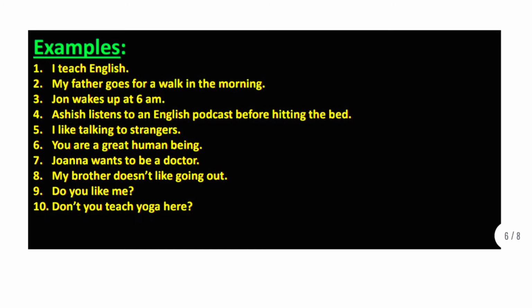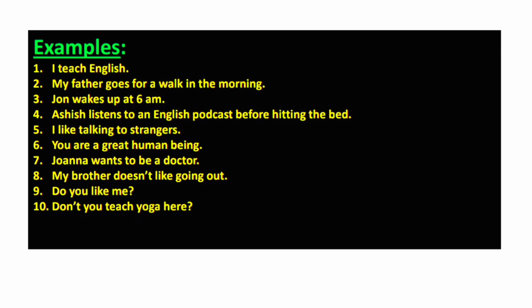Here are given some examples and we can understand the examples and how we can justify the present indefinite tense. I teach English. Here I is used like a plural form and then we don't use S or ES with the verb teach. My father goes for a walk in the morning.